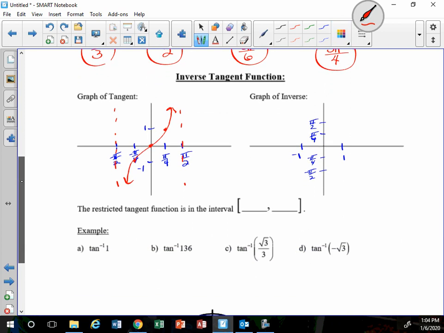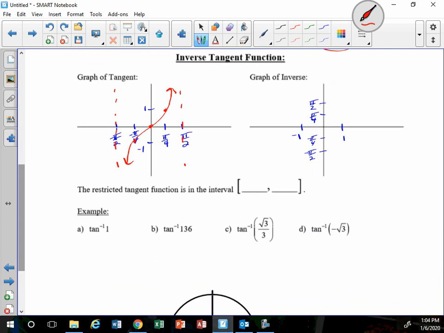Go ahead and switch your X and Y axis labels. What kind of asymptotes do you think we're going to have for the inverse graph? Oh, yeah, so pi over 2.